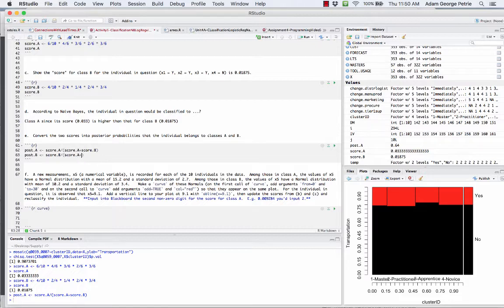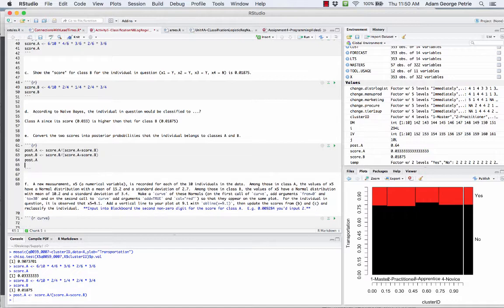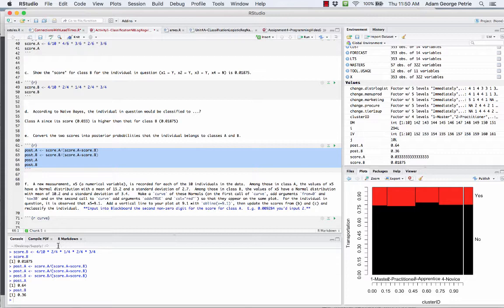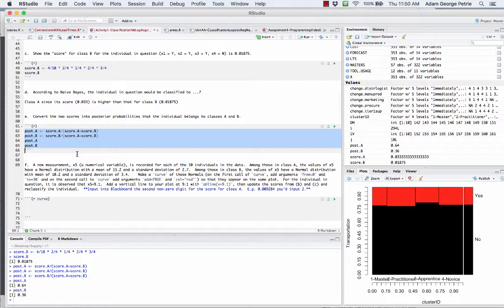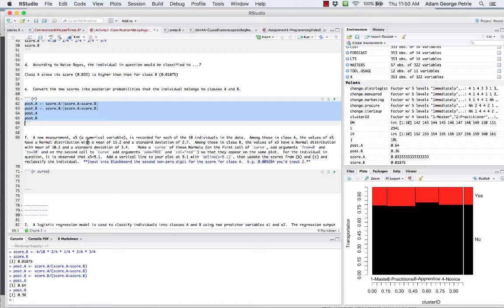And same thing here for the posterior probability for B. And let's get an idea for what the posterior probabilities are. All right, so about a 2/3 chance that we think the individual belongs to class A, and a 1/3 chance that the individual belongs to class B based on their set of characteristics.